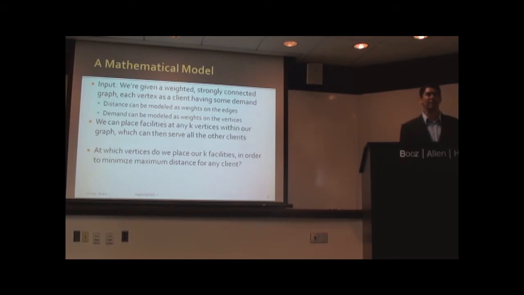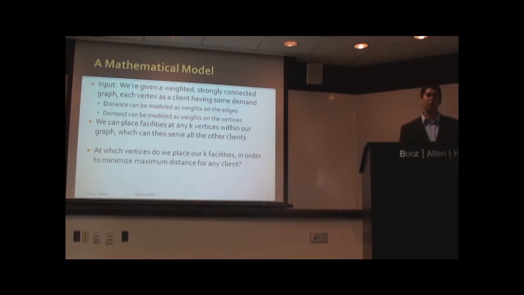Demand can be how much of the goods are required from the warehouse by each store, or it could be how much data is required by that node if it's a communication network. The distance can be modeled as the weights on the edges. If it's a mathematical graph, then we can put the distance or any form of transportation cost on that particular edge.